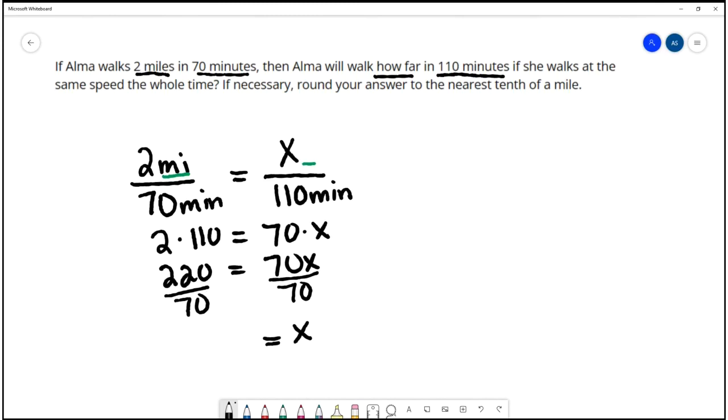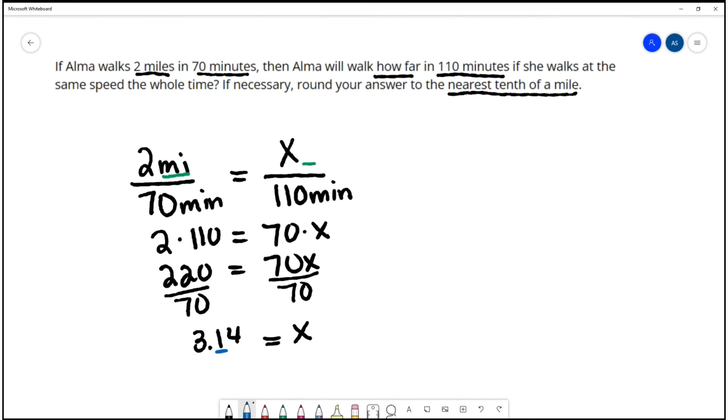In this problem, we want to round to the nearest tenth, so we can type this in our calculator. 220 divided by 70 is 3.14. Okay, but we want to round to the nearest tenth.